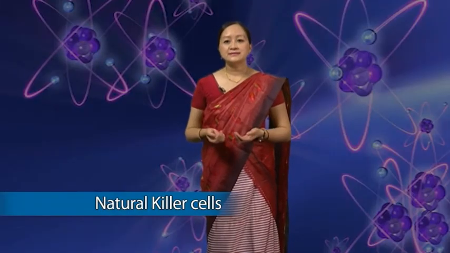Natural killer cells. They are large granular lymphocytes. They show non-specific cytotoxicity and make up 5 to 10% of the recirculating lymphocyte population. They are active against viruses, intracellular pathogens, and tumors. They produce a number of immunologically important cytokines and play an important role in immune regulation and influence both innate and adaptive immunity.